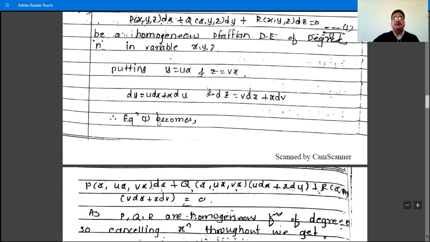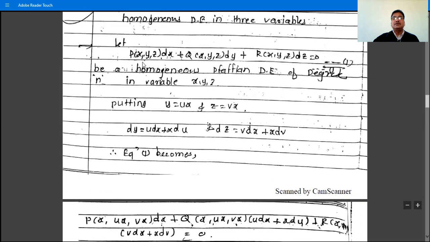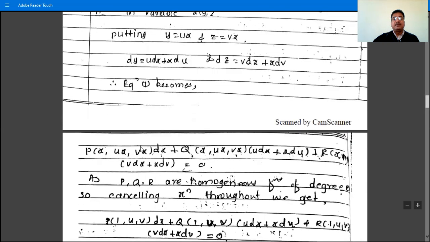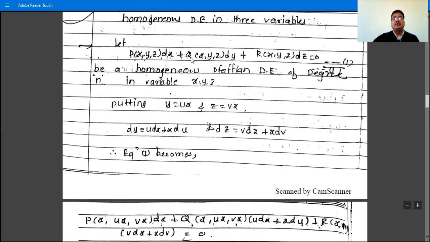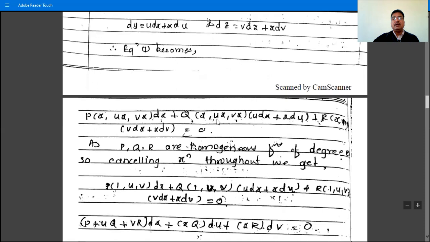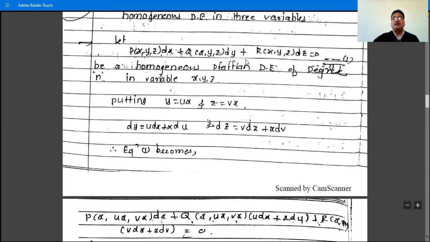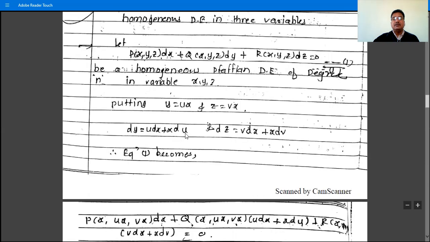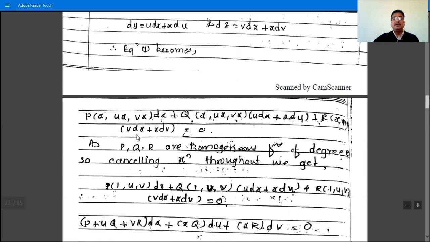And therefore equation 1 becomes, substituting y as ux, z as vx, and the values of dy and dz: P(x, ux, vx) dx plus Q(x, ux, vx) times (u dx plus x du) plus R(x, ux, vx) times (v dx plus x dv) is equal to 0.